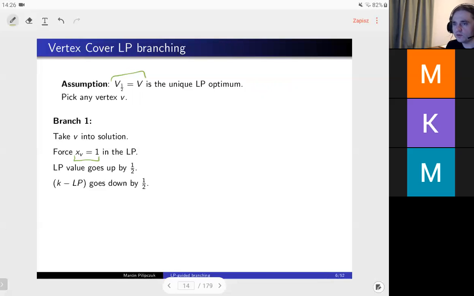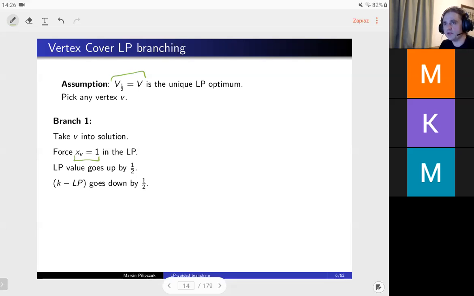So once we force this one, there's again an optimum that uses ones, zeros, and halves, which means that the value of this LP needs to go up by at least half. It cannot go up continuously, because there's an optimum that assigns only values zero, half, and one.